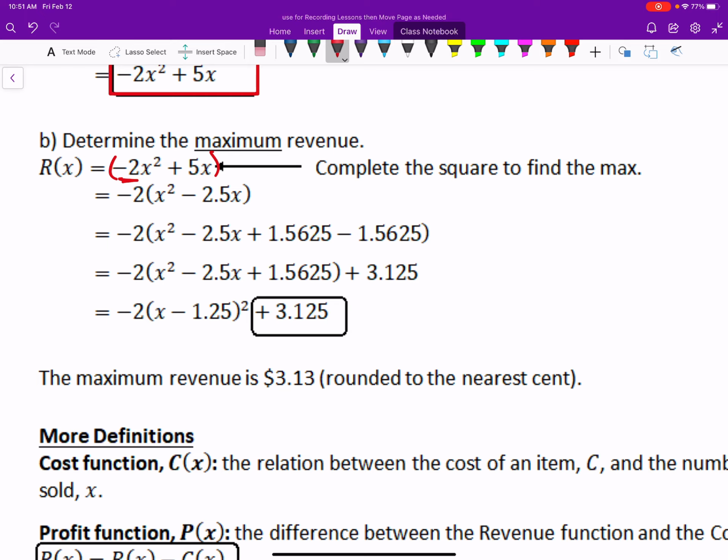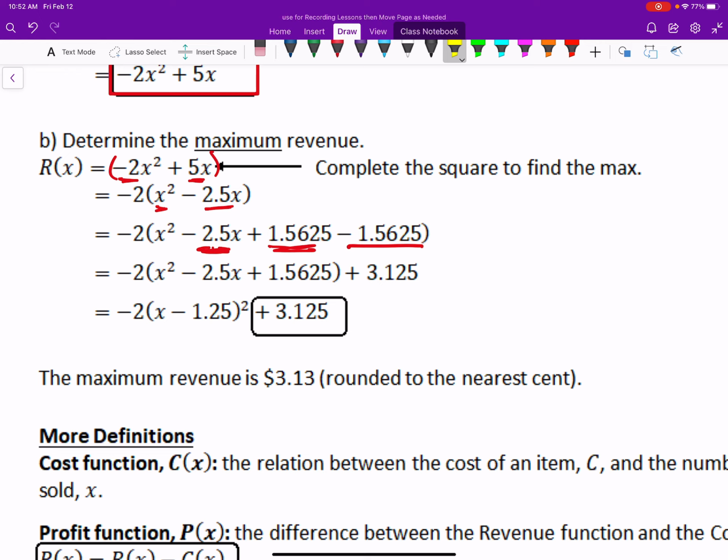So negative 2x squared divided by negative 2 gives x squared. 5x divided by negative 2 gives me negative 2.5x. Then we take half of that negative 2.5x and square that. That gives us the 1.5625, which we add and subtract.